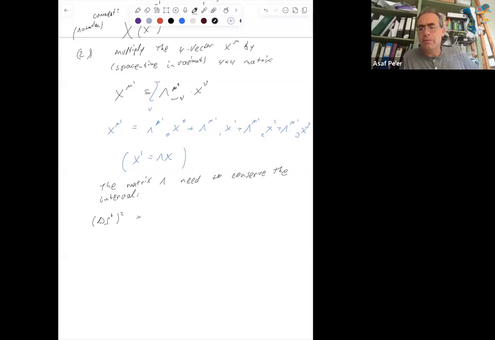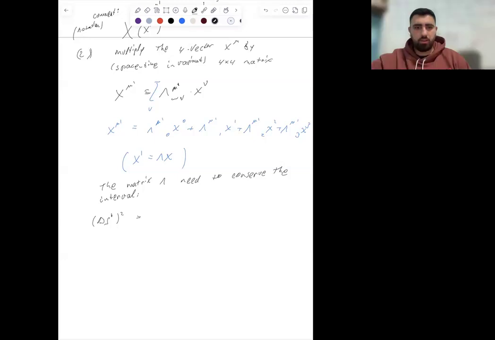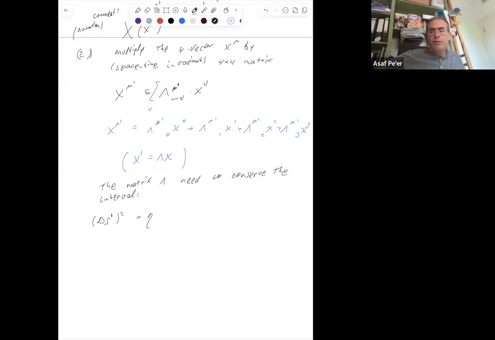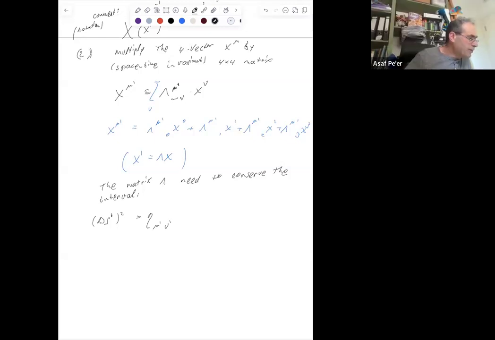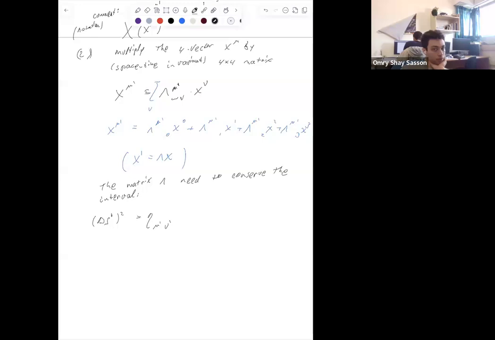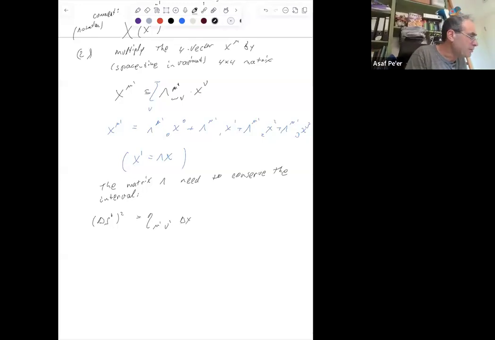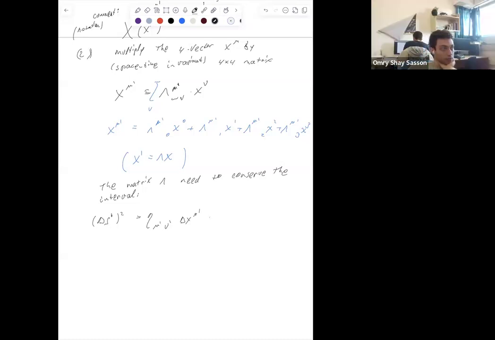What is the interval in the primed frame? How do you write it down? The metric eta mu prime nu prime, multiplied by delta x mu prime and delta x nu prime.